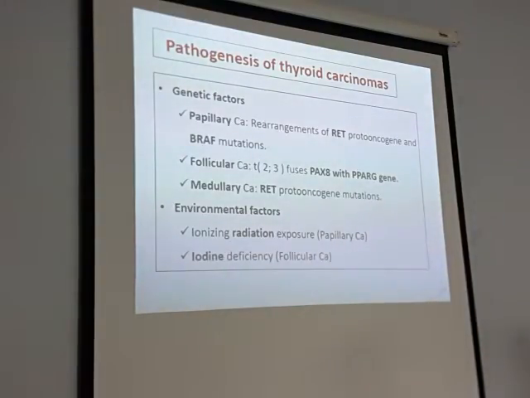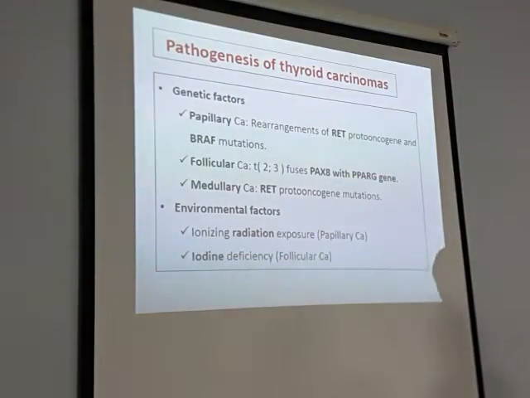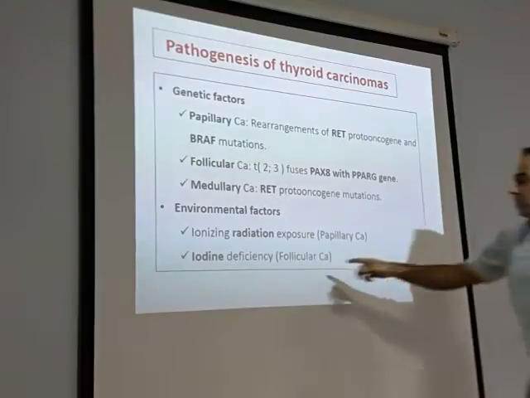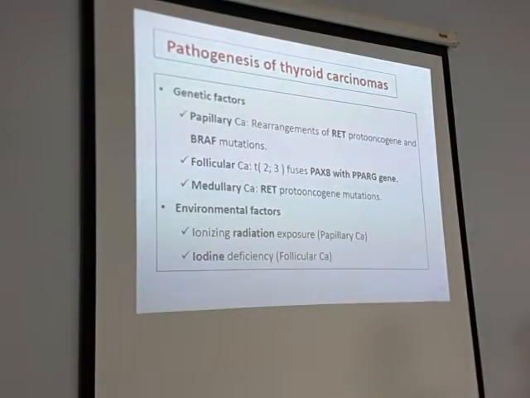Iodine deficiency will lead to enlargement of the gland, so maybe some of these changes will later progress to adenomas and carcinomas. Iodine deficiency leads to enlargement, like multinodular colloid goiter, and may also lead to the formation of adenomas. It has been seen in follicular adenoma and follicular carcinoma. So iodine deficiency has something to do with the development of these carcinomas, especially follicular carcinomas.